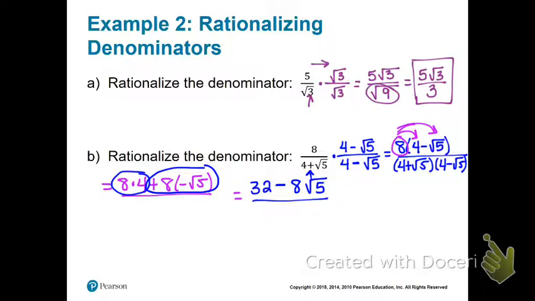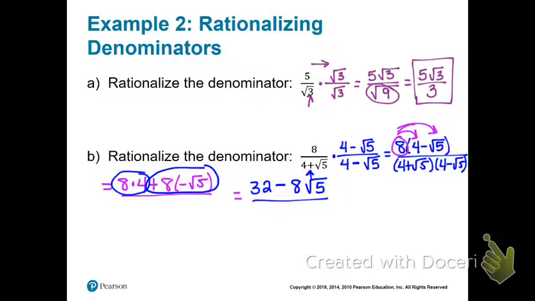Now for that denominator, let's go back and do it because I can't do anything else to the numerator right now. So for the denominator here, we're going to do FOIL, which is just distributing. We're going to take that 4 times both of those, and we're going to take the square root of 5 times both of those as well. But I'm going to do it one at a time.